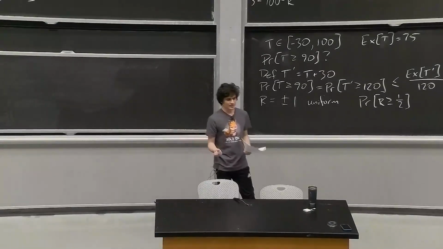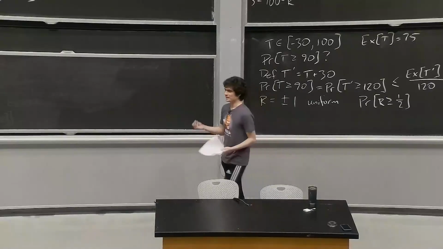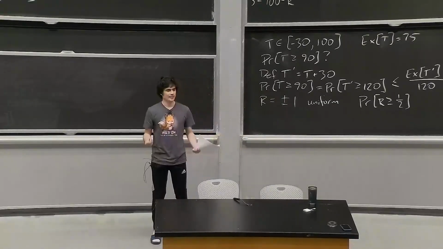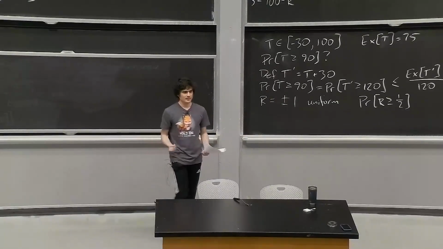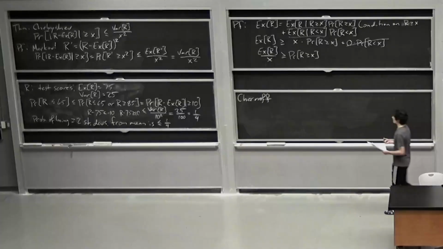In order to use Chebyshev, you don't need mutual independence, you just need pairwise independence to compute the variance. But if on top of that you have mutual independence, it turns out you can do a lot better.